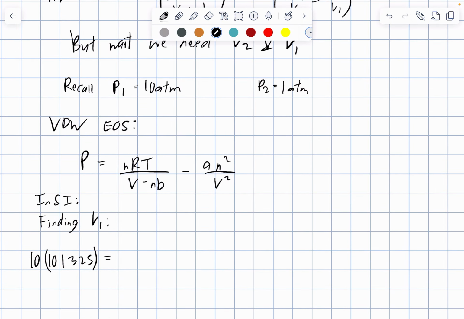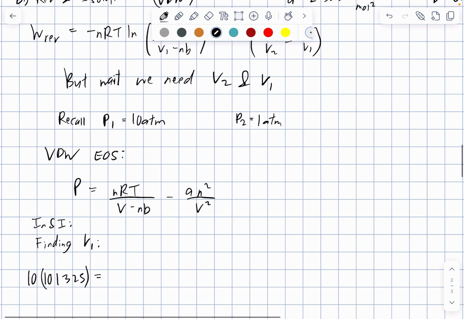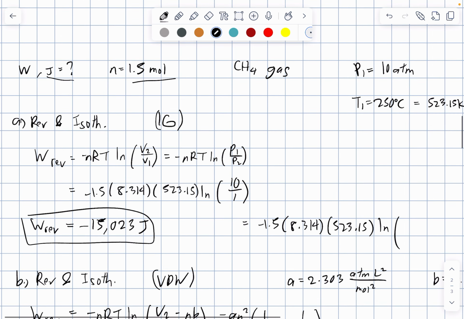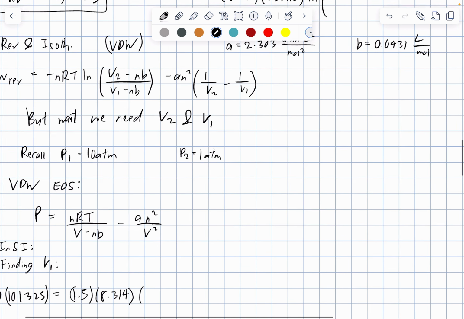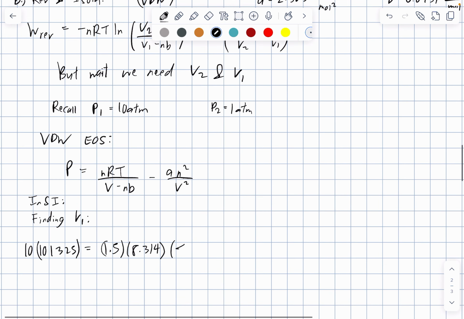In SI. Okay, so n, the number of moles of our gas, is 1.5, times 8.314, that is the universal gas constant, joule per mole Kelvin, since we want our work in joules, no? It says here, temperature, that is this one, the 523.15, over V minus 1.5 times b.